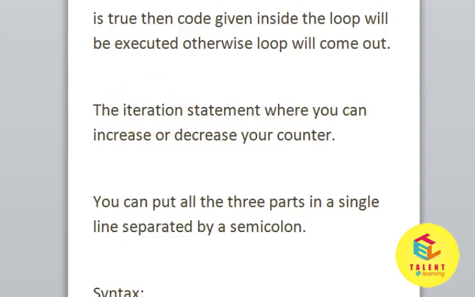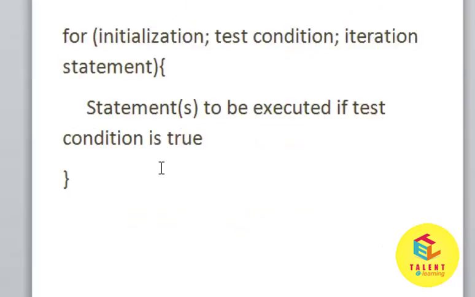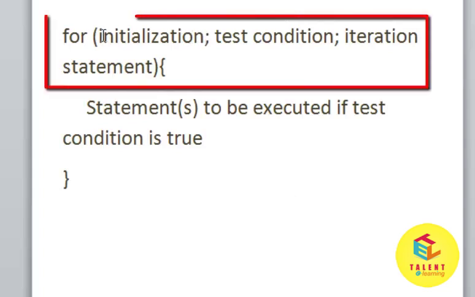You can put all three parts in a single line separated by semicolons. Here is the syntax of the for loop. First is initialization, where we can initialize any local variable. Here is the test condition. It checks whether the condition is true or false. If the condition is true, then the statement will be executed.